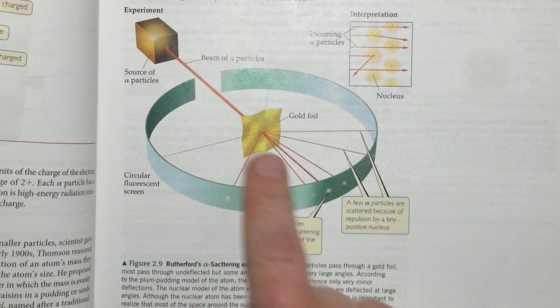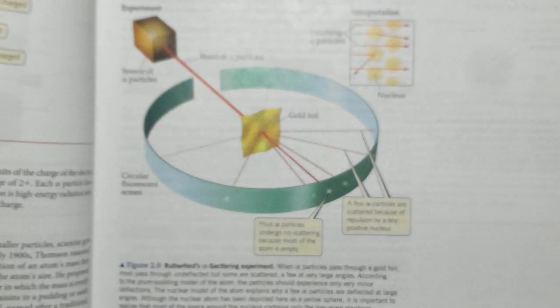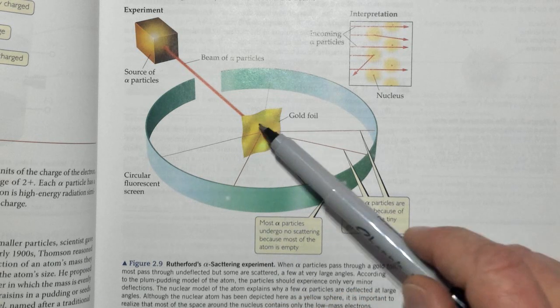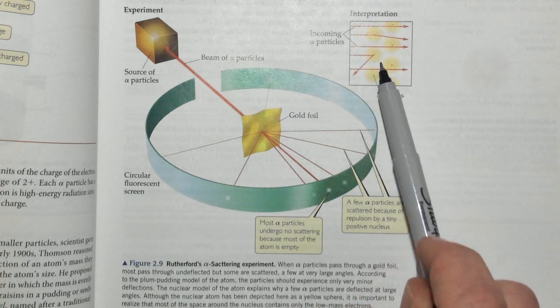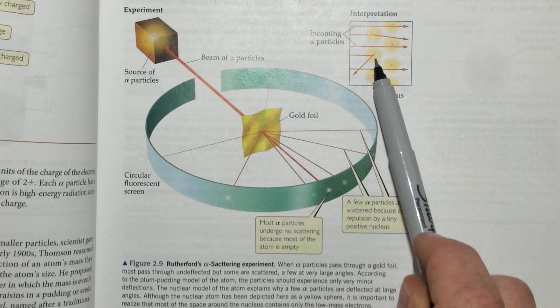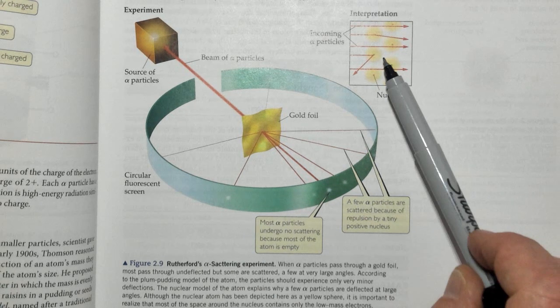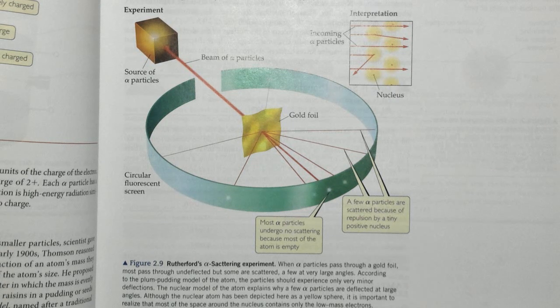Most of them passed straight through, which is what he expected because the gold foil was so incredibly thin. But a few of the particles bounced off to the side or bounced straight back. And the reason that happened was because these particles would hit a small, dense, positively charged particle in the middle of the gold atoms. This showed that there was a dense positive nucleus in the middle of atoms.